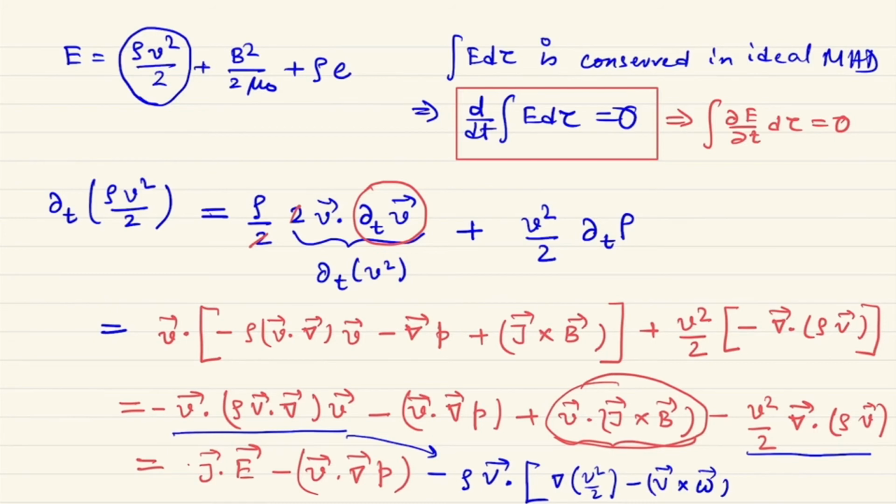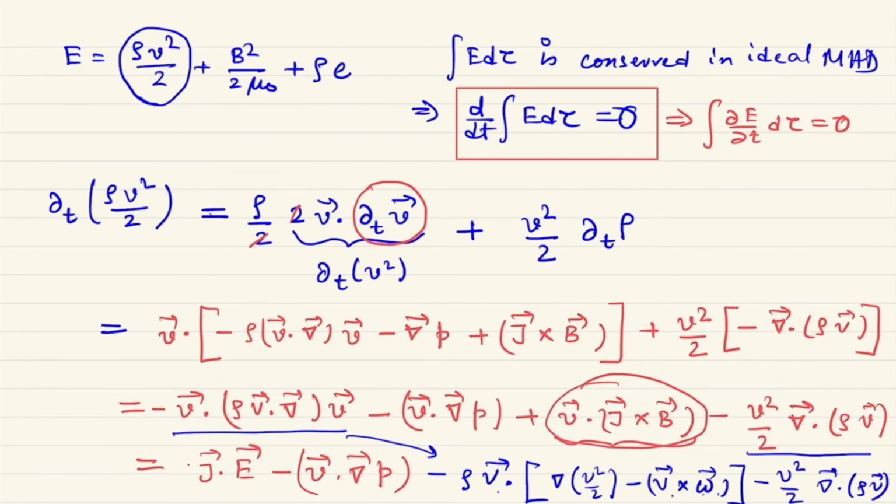Okay, and then there will be minus v square by 2 divergence of rho v. Okay, so v dot v cross omega, that is 0, because two elements in a scalar triple product are identical, so this is 0.